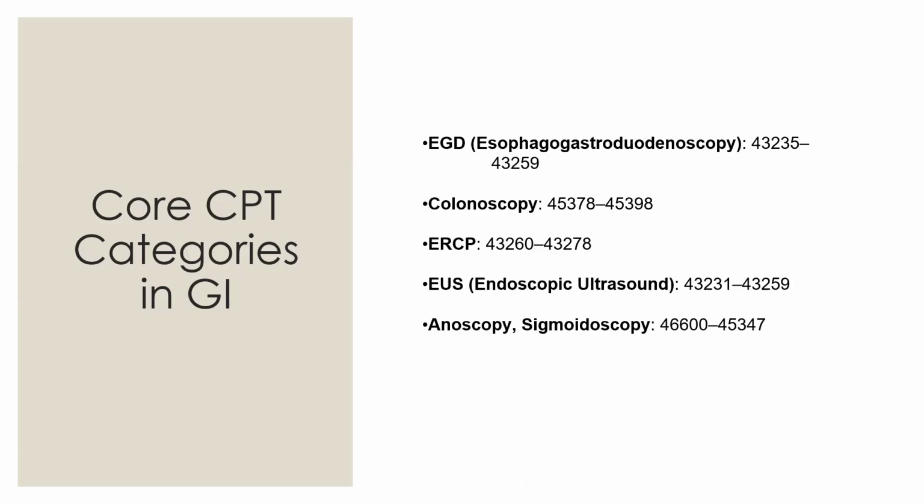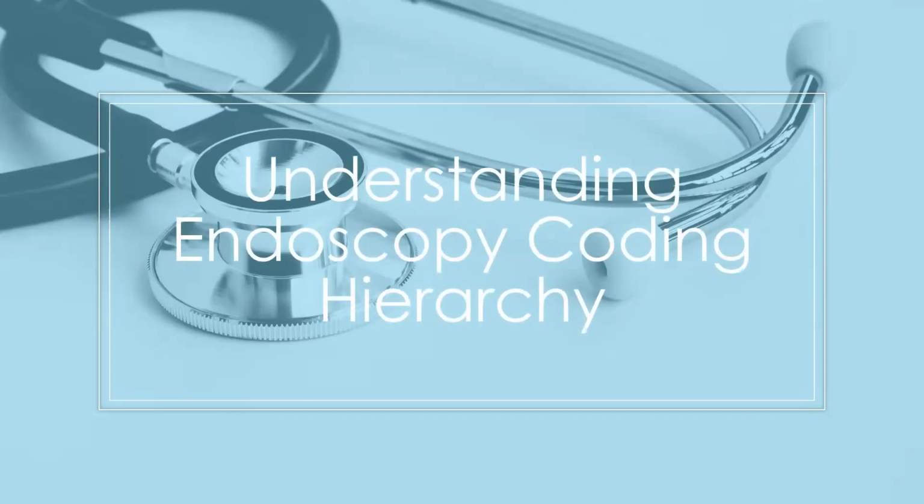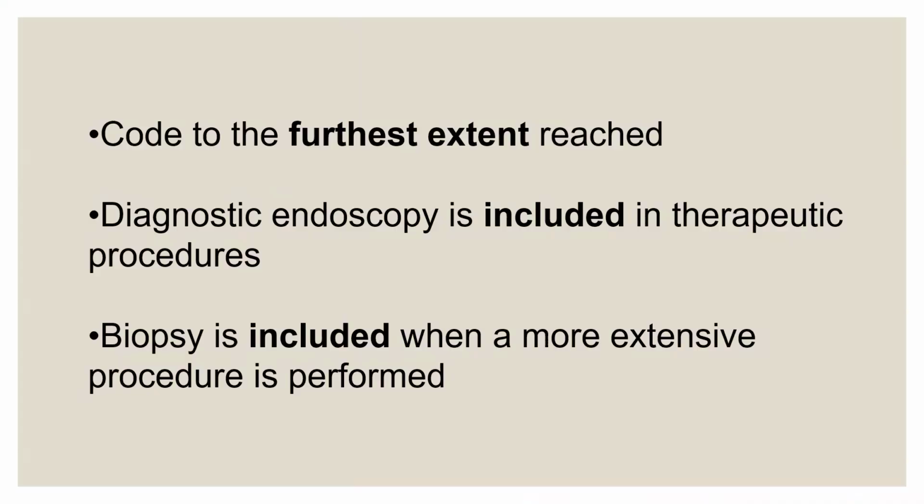Anoscopy or sigmoidoscopy, 46600 through 45347. Understanding endoscopy coding hierarchy. Code to the furthest extent reached.